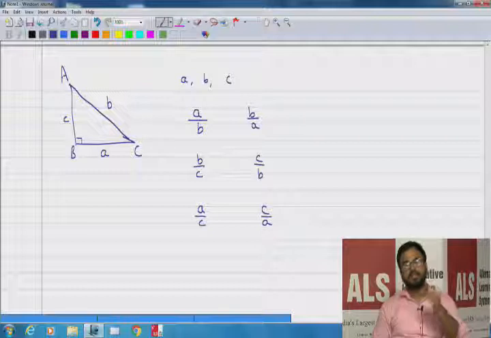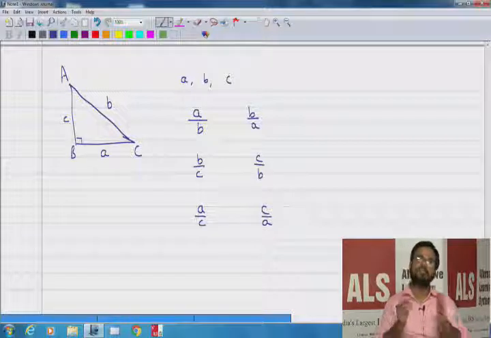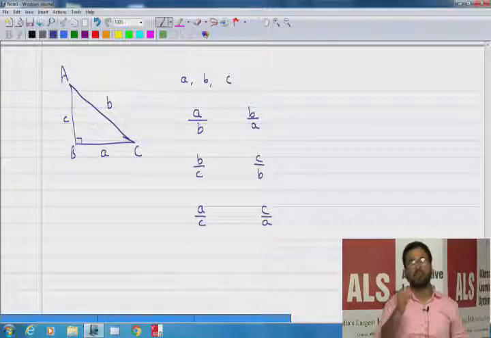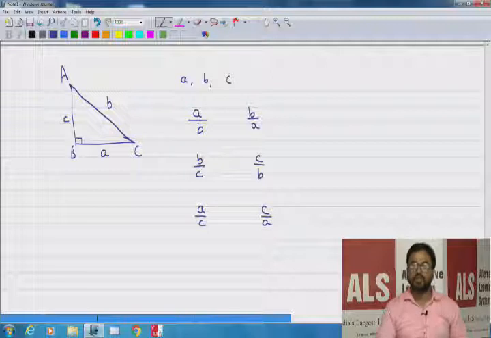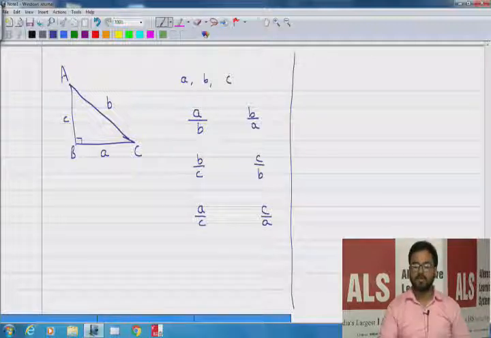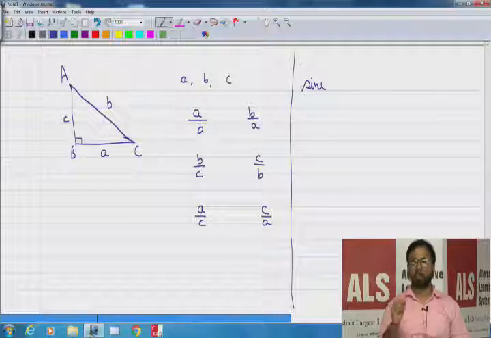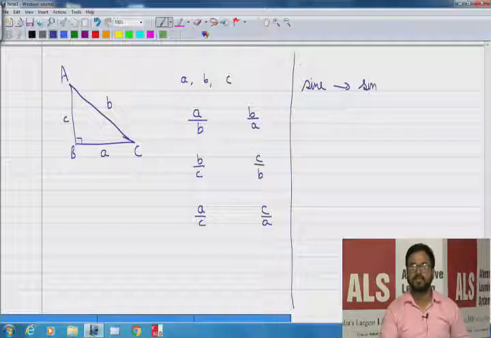Now the ratios of these two sides are denoted by different names. Those are called the trigonometric ratios. So the names are, first is sine. The standard name is sine, but in general we will write it as only sin. What does sine represent?